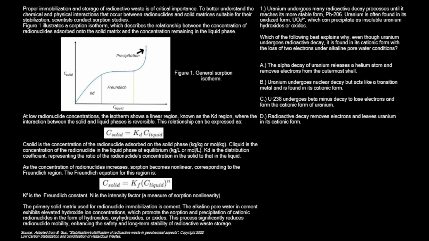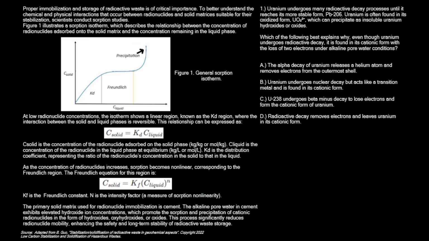Which of the following best explains why, even though uranium undergoes radioactive decay, it is found in its cationic form, with the loss of 2 electrons under the alkaline pore water conditions?